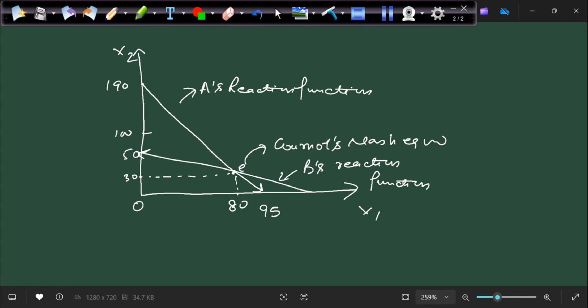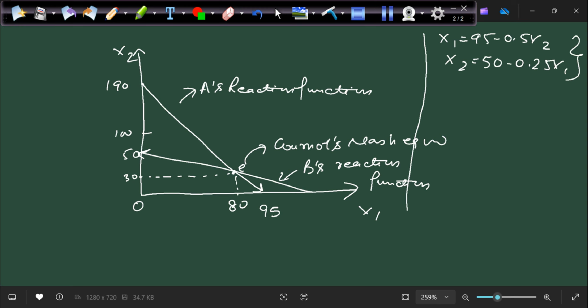And if we solve these two reaction functions, x1 is equal to 95 minus 0.5 x2 and x2 is equal to 50 minus 0.25 x1, simultaneously, you will get x1 equal to 80 and x2 equal to 30.